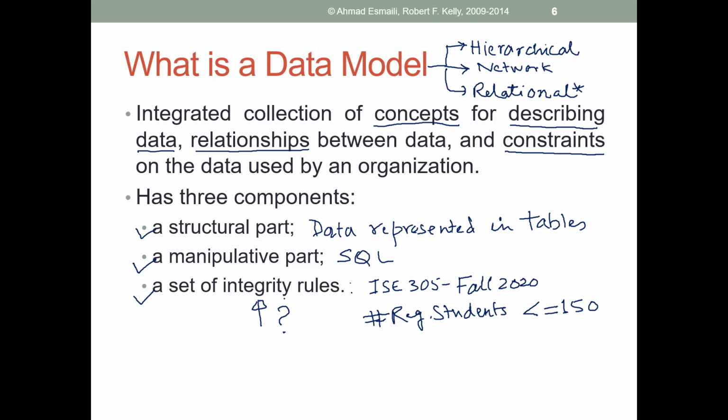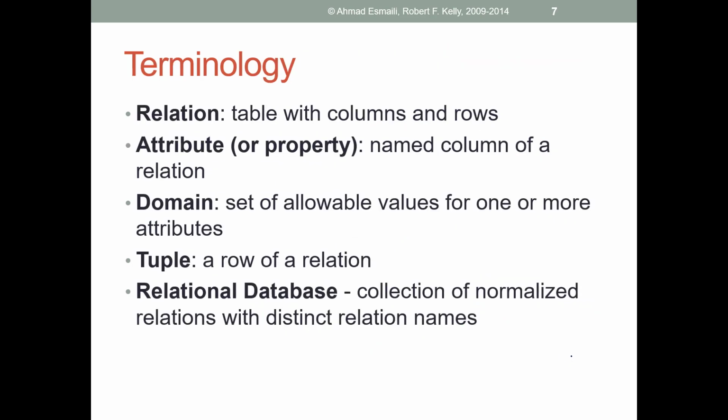And for integrity rules, we have some concepts which are called constraints. So we define constraints in RDBMS. These constraints will make sure that the integrity rules are obeyed or followed. All right, good. So let's move on.